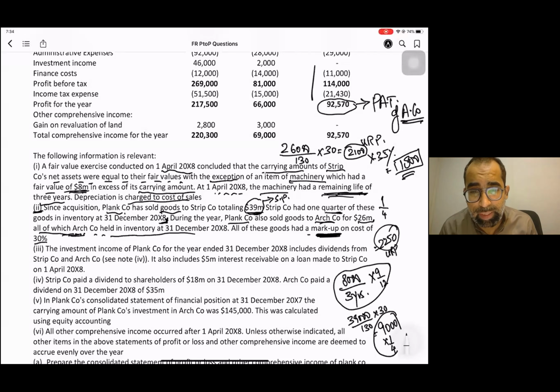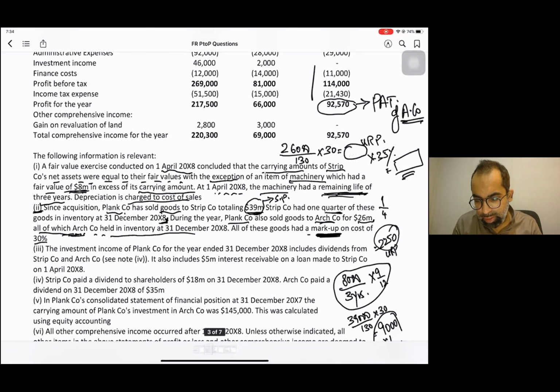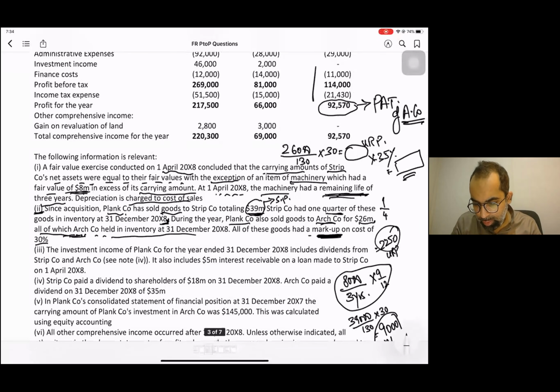Please listen to the question very carefully. Somebody is saying total URP is 6,000, somebody 26,000. Yes, wait. 26,000 divided by 130 into 30. How much is this? This is 6,000. Sorry, somebody wrote the wrong amount and I copied it.